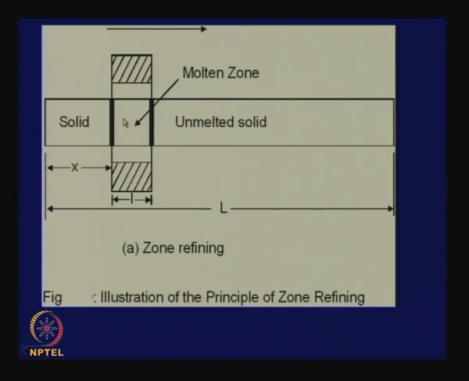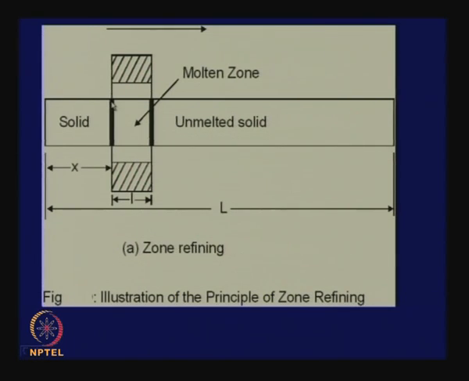And if we keep on moving this zone of molten metal, molten layer, all along the axis, then we keep precipitating something preferentially on this side, and the liquid keeps on absorbing something else. So, eventually by many passes we can purify the solid, and impurities can be taken to one side, or left behind on one side.